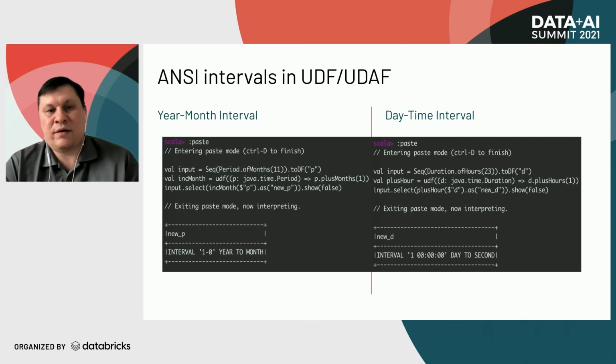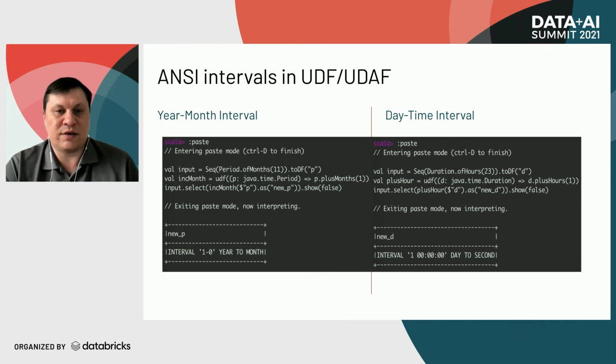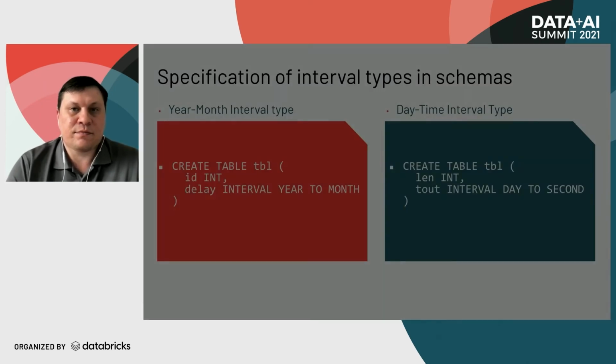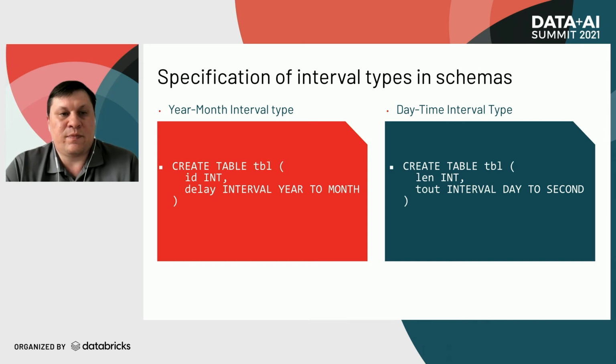You can apply such functions to year-month and daytime interval columns and change them using Java code or Scala code. On these slides, you can see how you can create tables with new types.